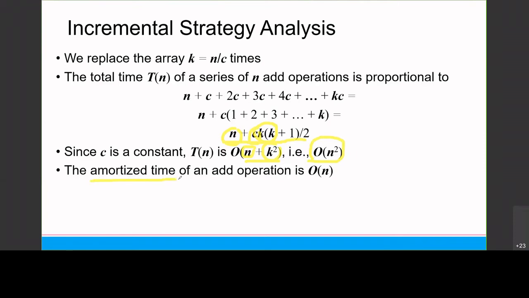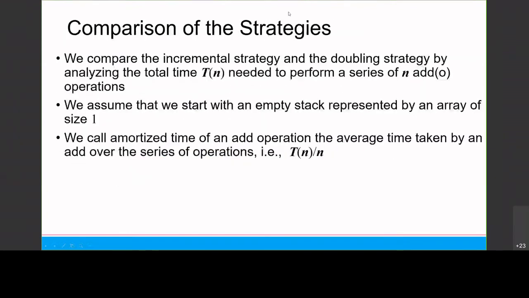The amortized time of an add operation, then, is O(n). Why? What is amortized time? Based on this explanation, the amortized time is the average time taken by an add over the series of operations.